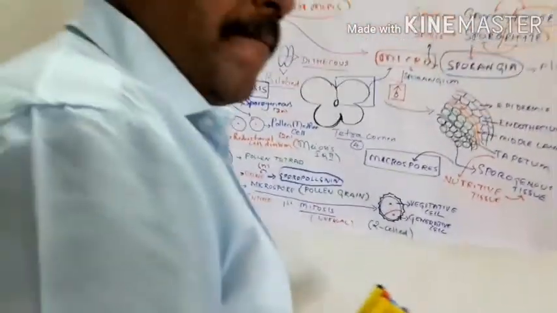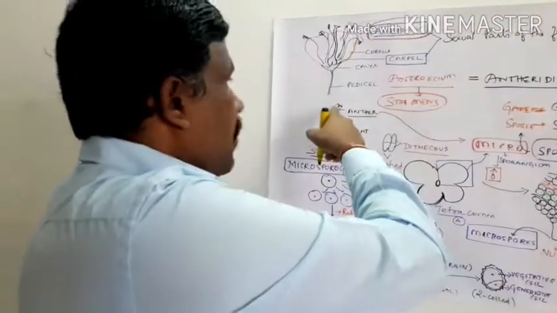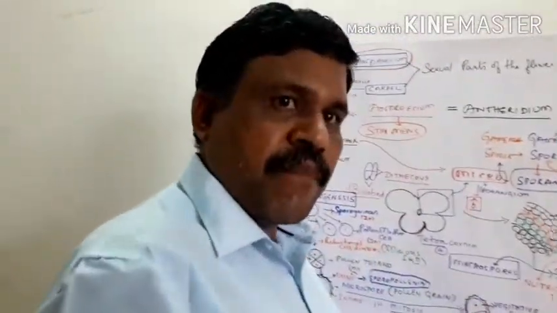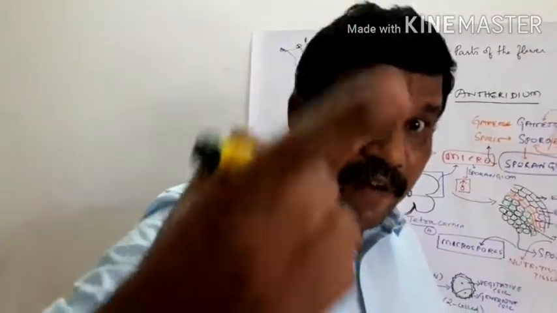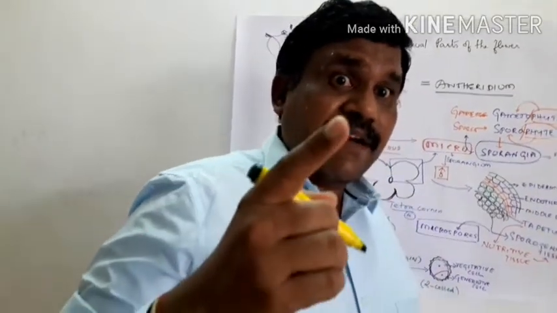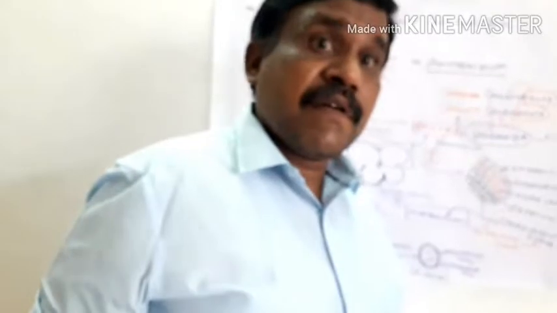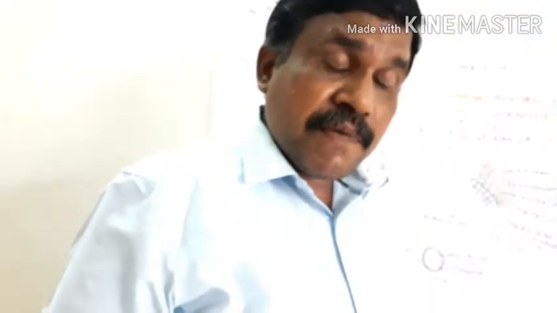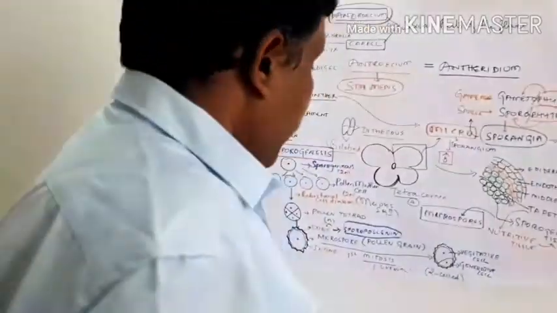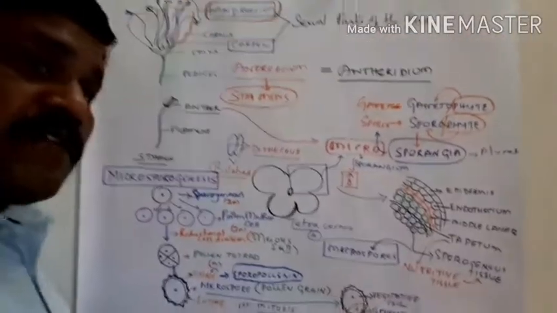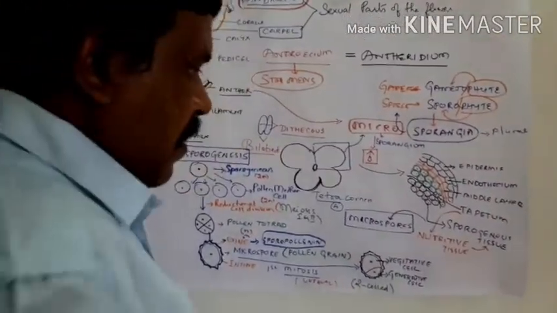Usually in the anther, this is what is formed before it goes for pollination. Do you remember pollination? What is pollination? We will discuss that in the further sessions. This is what is usually formed in many flowering plants.